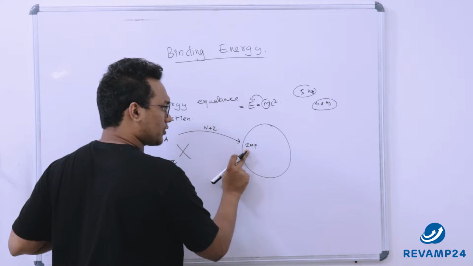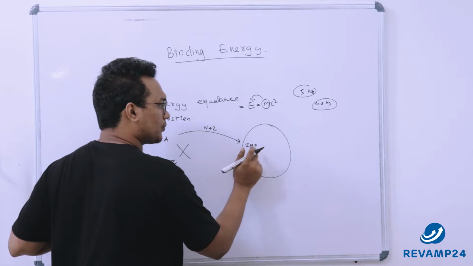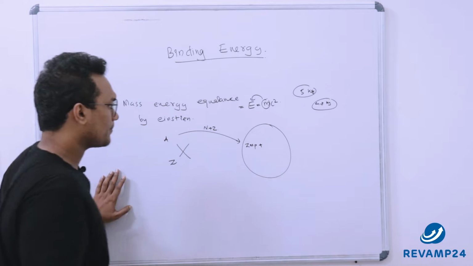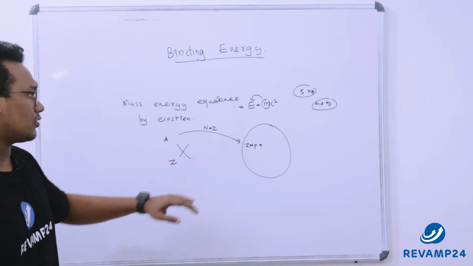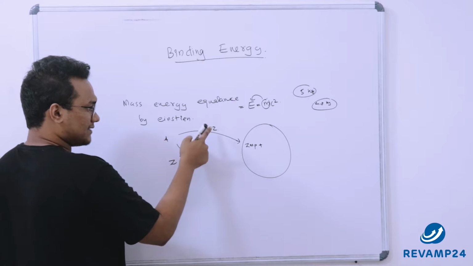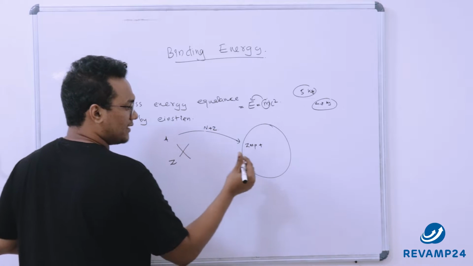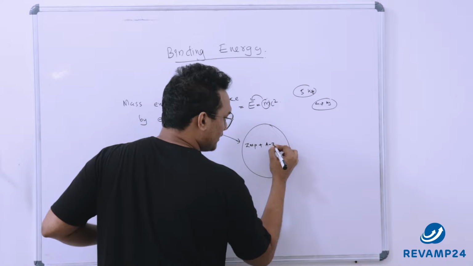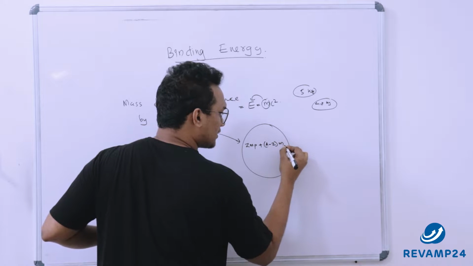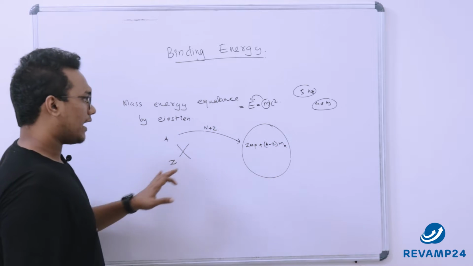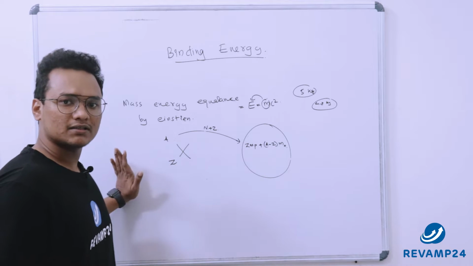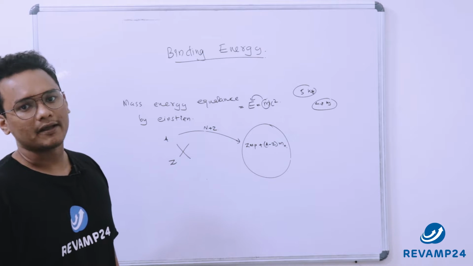So Z protons into the mass of the proton, plus how many neutrons are there? A minus Z. See, A is equal to N plus Z, and N is equal to A minus Z. So A minus Z neutrons into the mass of a neutron. On adding these two, we should get the mass of the nucleus, right?